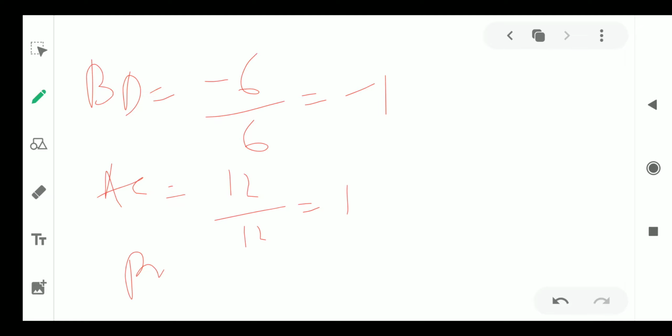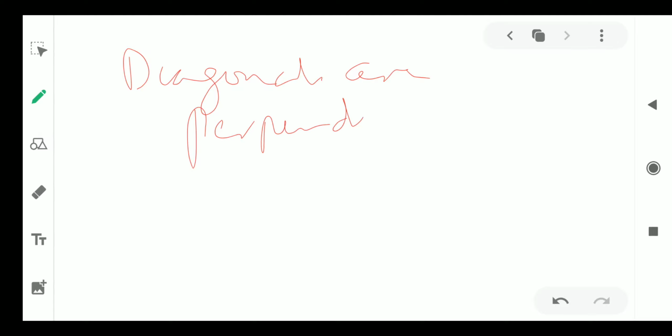Now the product of slopes is -1 into 1, which is equal to -1. So what does it imply? It implies the diagonals are perpendicular to each other.